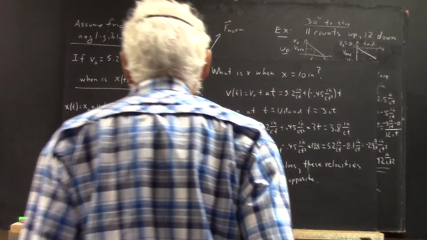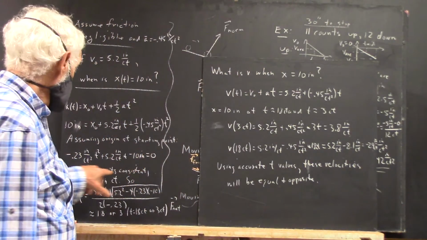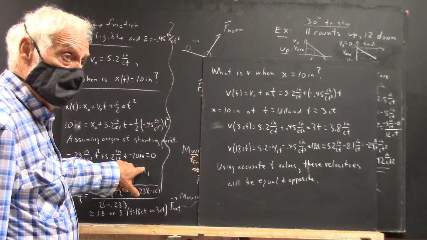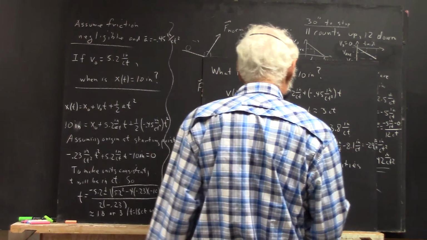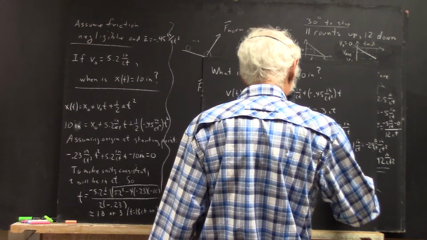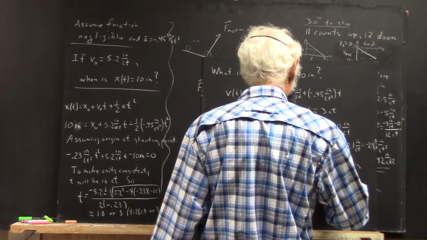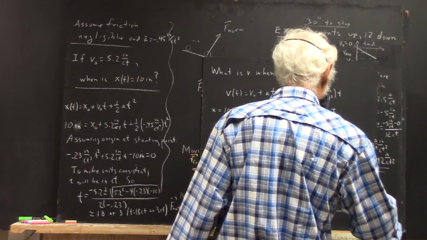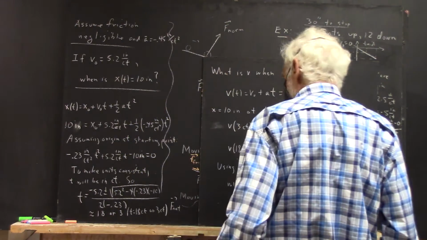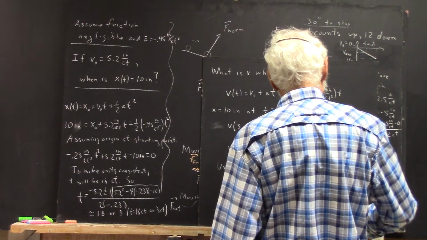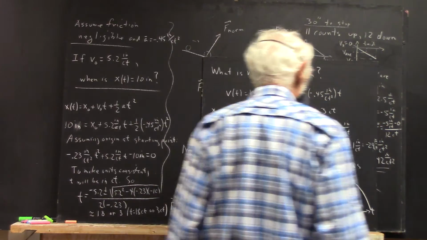Reason for that is the equation here gives you a parabolic graph. So if we do x versus t, we're going to get a parabola.